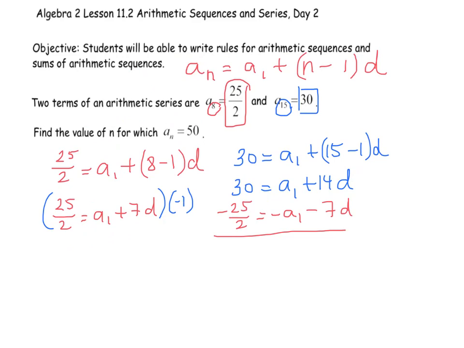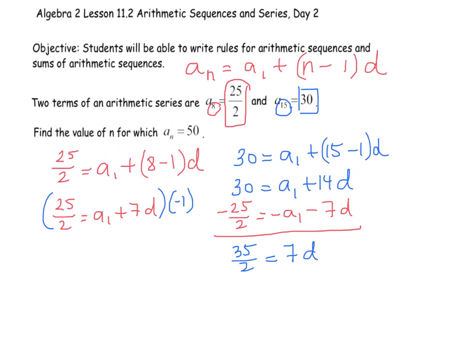And now I need to add the two equations. And if I look at 30, that would be 60 over 2. 60 over 2 minus 25 over 2 is 35 over 2, and that will give me 7 times d.